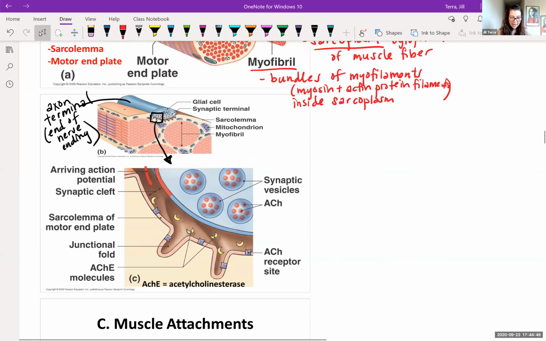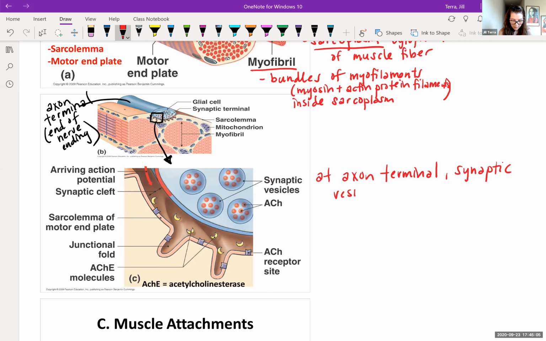And at the end of the terminal, waiting to get the signal to go, are these vesicles called synaptic vesicles that contain a neurotransmitter.